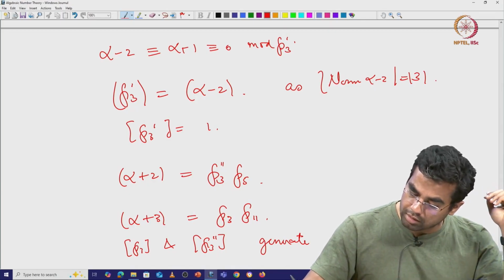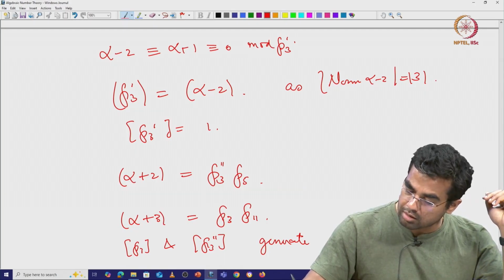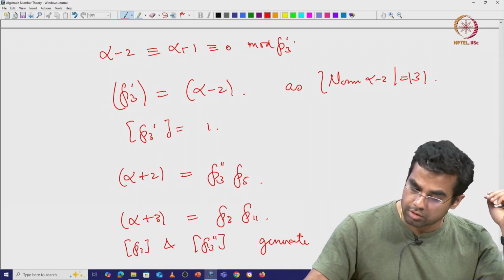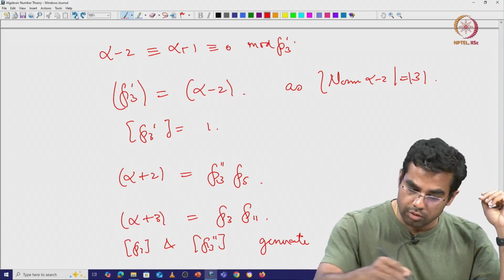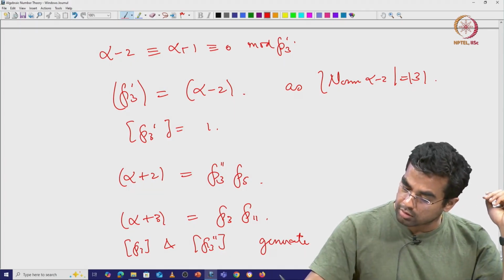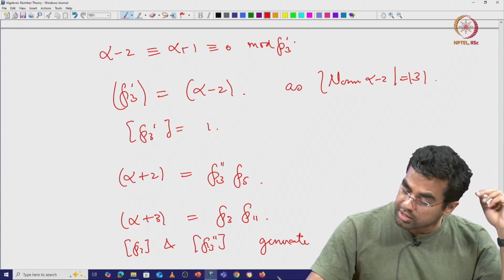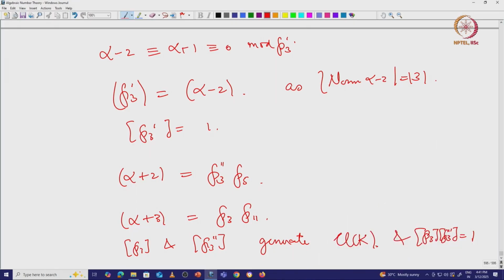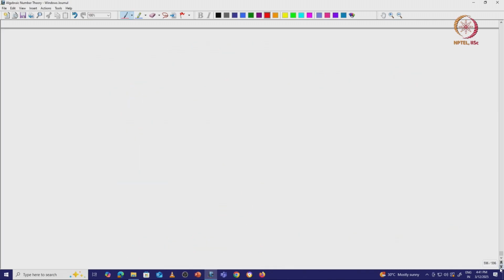And we know that P3 and P3 double prime is also 1, right, because when you take the product with P2 prime P3 prime, then you get the ideal generated by 3, and so this is also 1, which means that we just have to find, so Cl of K is generated by P3.